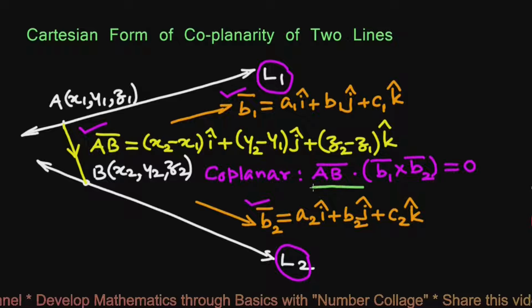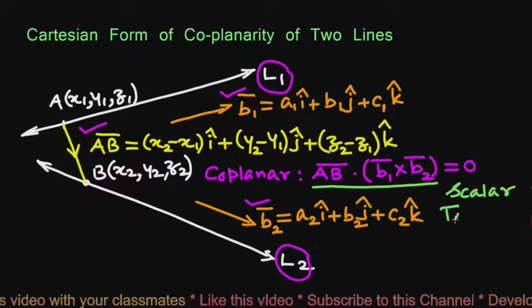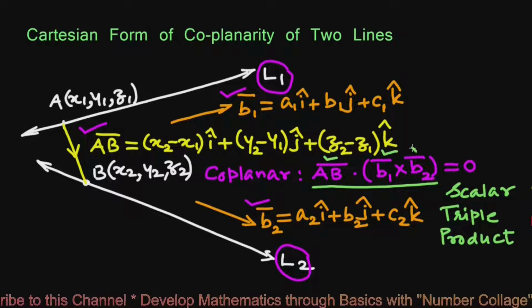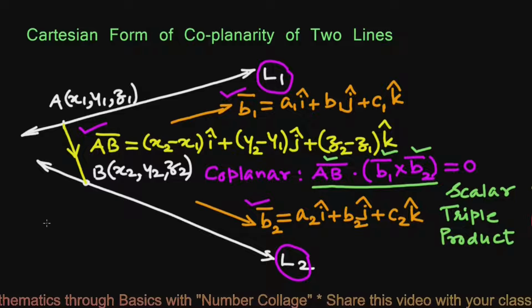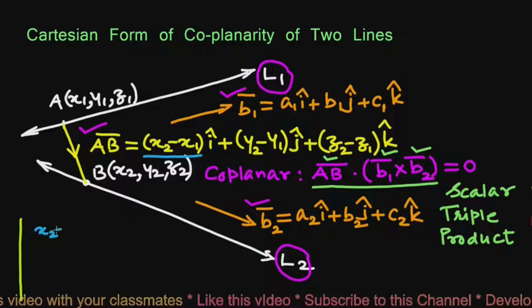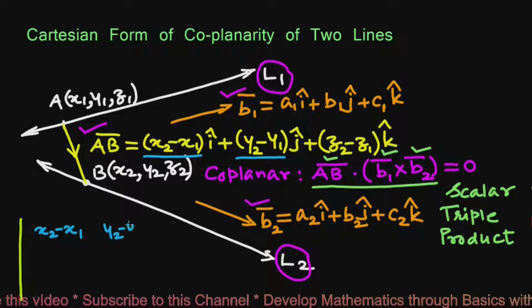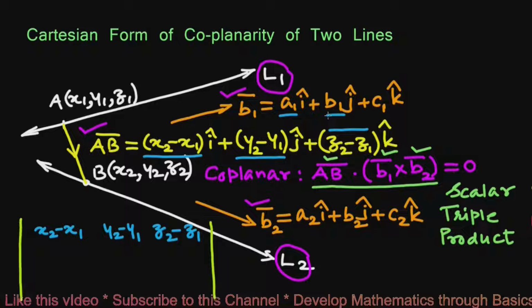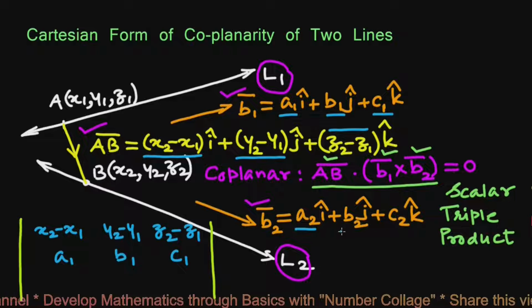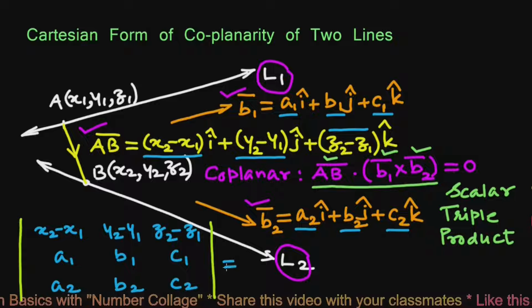Now this is nothing but the scalar triple product of AB bar, b1 bar and b2 bar, which can be written in the form of a determinant: x2 minus x1, y2 minus y1, z2 minus z1, a1 b1 c1, a2 b2 c2 equals 0.